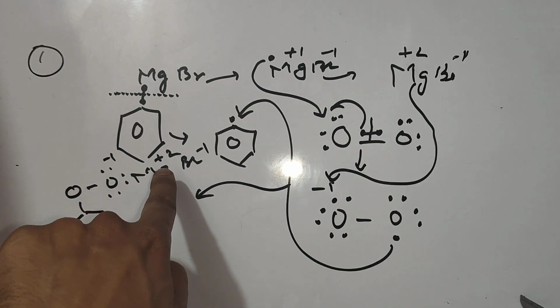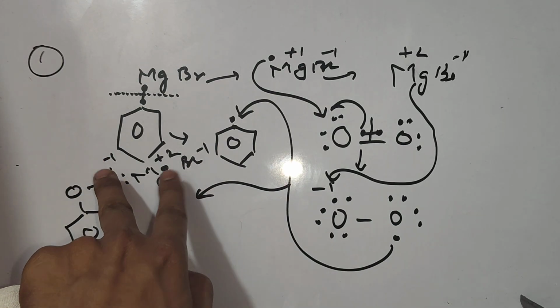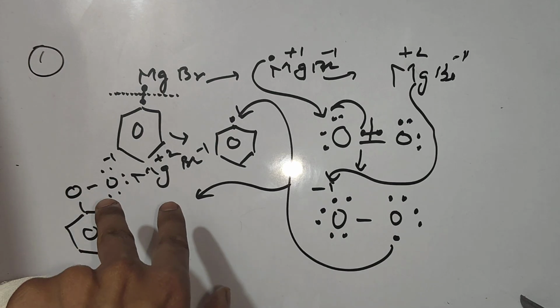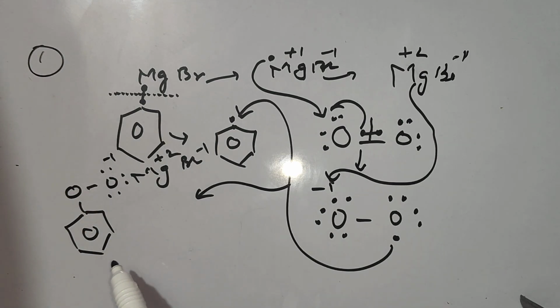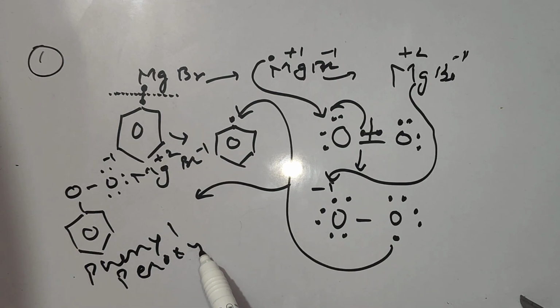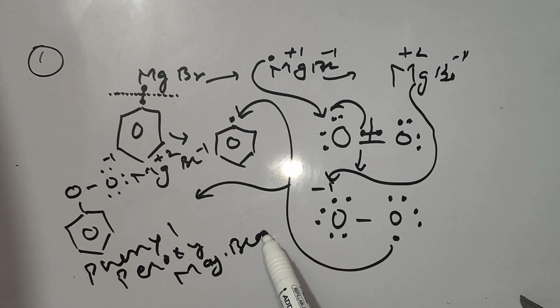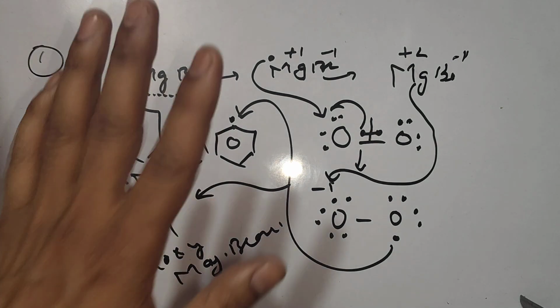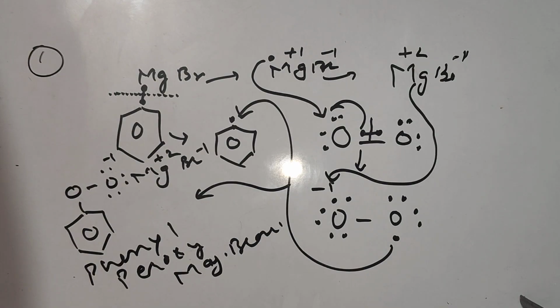So the +2 charge of magnesium is balanced by 2 negative charges. Now this intermediate is known as phenyl peroxy magnesium bromide. So this is the first step mechanism, which we call single electron transfer free radical insertion mechanism.